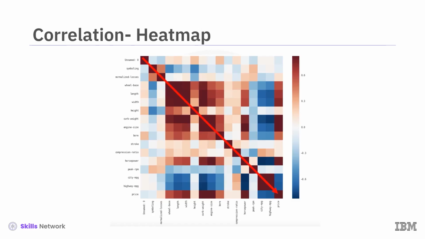This makes sense, because when you look closer, the values on the diagonal are the correlation of all variables with themselves, which will be always 1. This correlation heat map gives us a good overview of how the different variables are related to one another, and most importantly, how these variables are related to price.